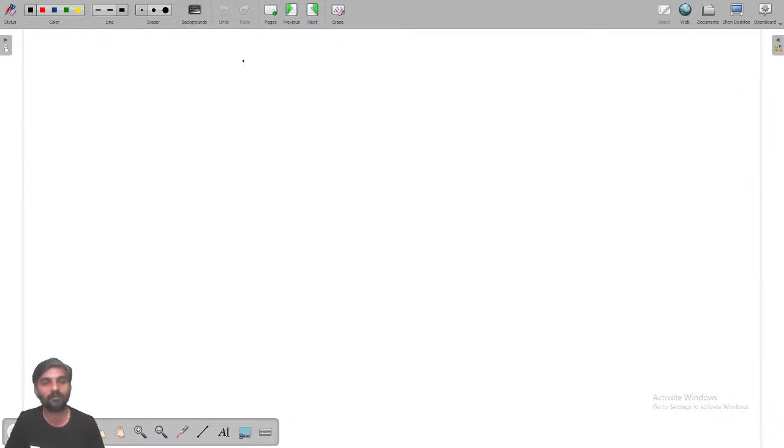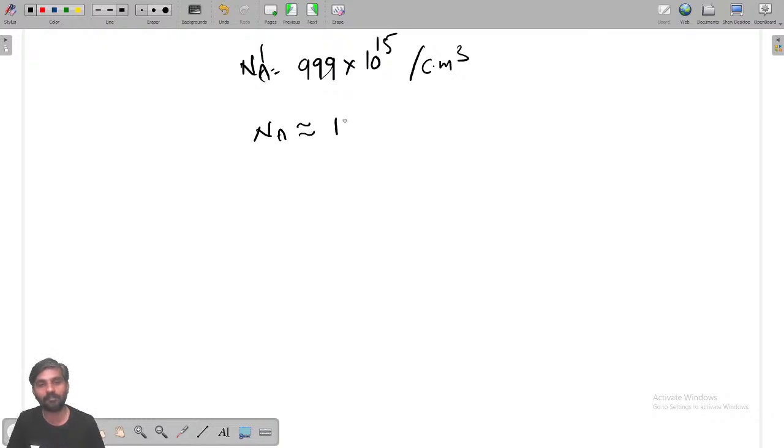The new acceptor level is 999 into 10 to the power of 15 per centimeter cube. Can I write this as 1 into 10 to the power of 18 only, approximately? Approximately, Na dash.